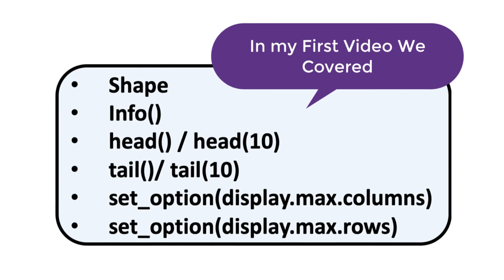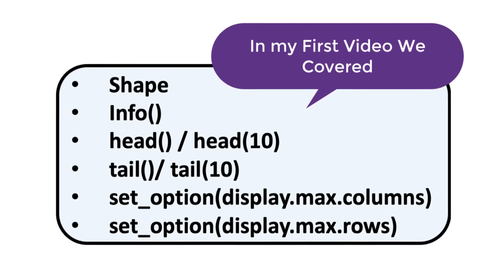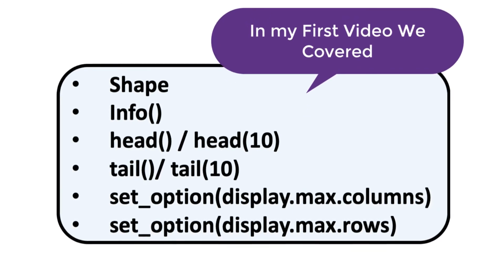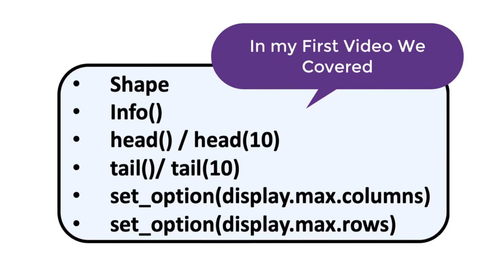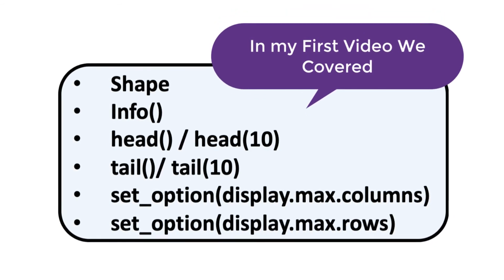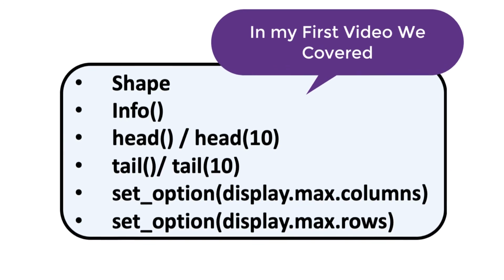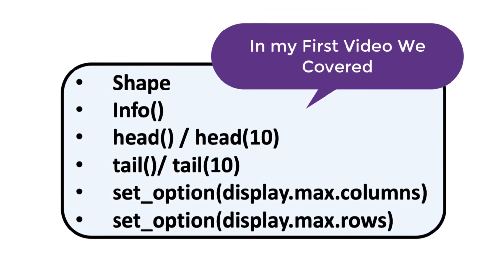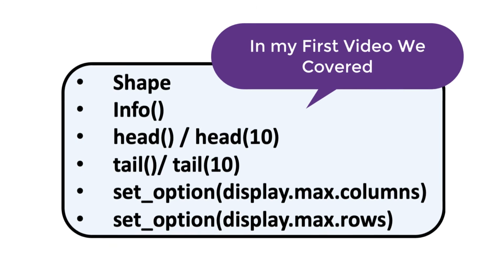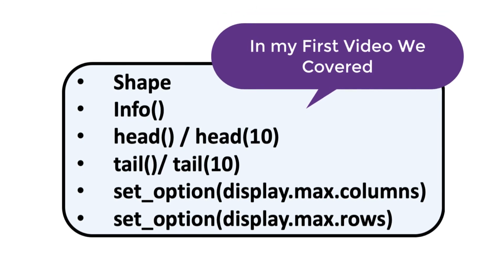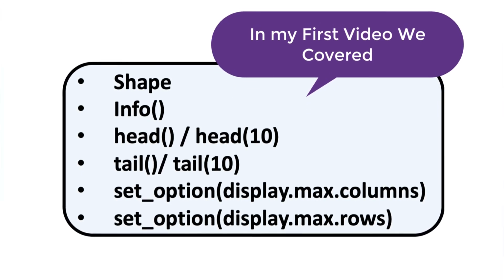So, in my first video, we explored how to install the Pandas library and some basic functions like the head function, tail function, info function, describe function, and set option function. These are the basic functions we covered in my first video.